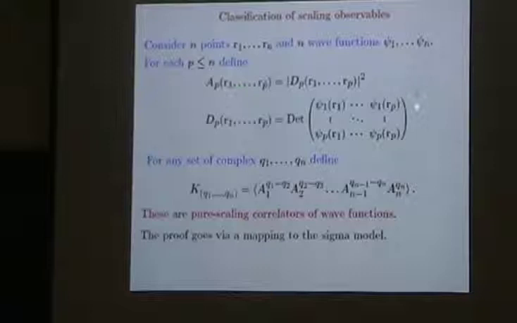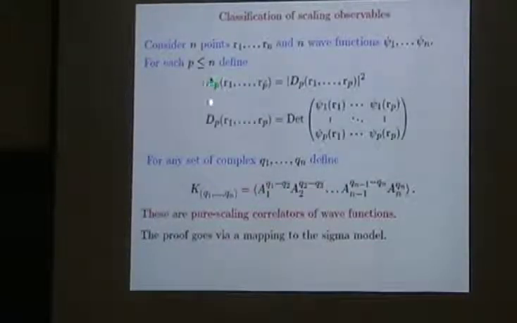This D is just a Slater determinant based on wave functions psi 1 to psi t at points R1 to Rt, and A_t is just the modulus square of this Slater determinant. Then, for any set of numbers q, in general they can even be complex numbers, define a product of such determinants.